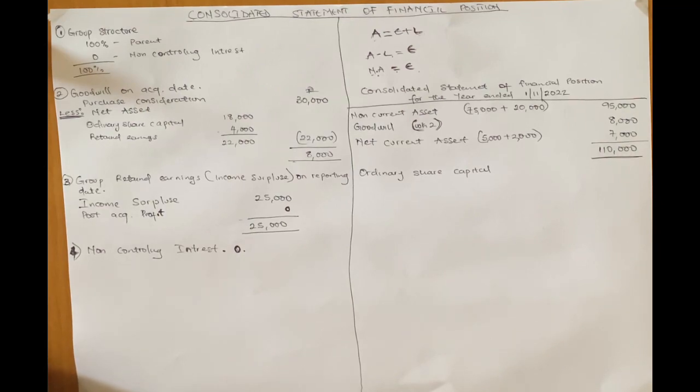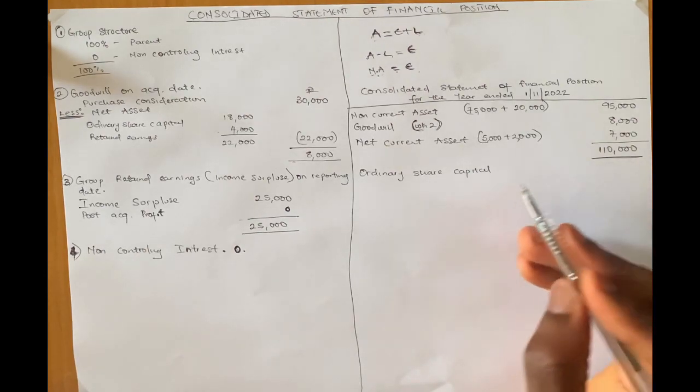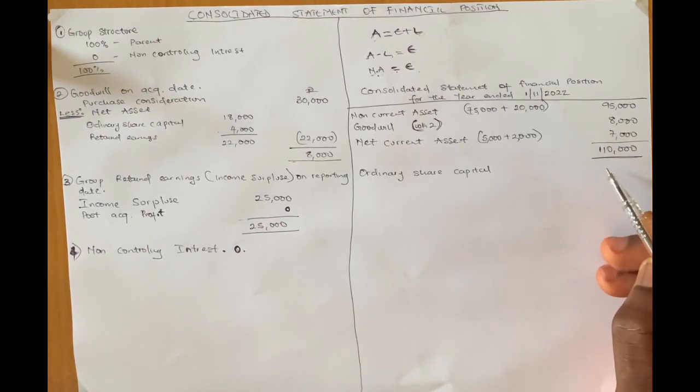Definitely the 18,000 and the 4,000 have cancelled our 30,000, giving us a difference of goodwill, which is 8,000 naira. So we are not using the 30,000 in our consolidated account, and we are also not using the 18,000 and the 4,000 in our consolidated statement of financial position. So in our ordinary share capital, we are only picking the 85,000 naira.